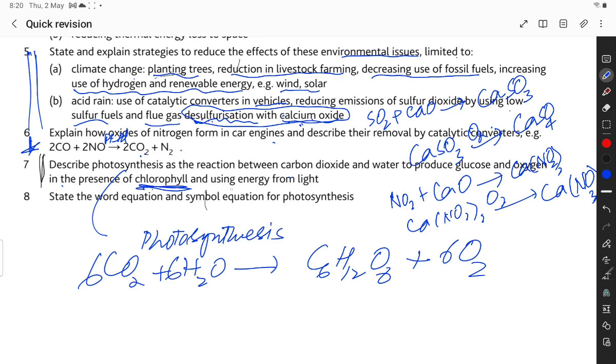This is the condition, using energy from the sunlight, in the green parts of plants. Chlorophyll is the green coloring pigment, and in the presence of sunlight, carbon dioxide reacts with water to form glucose and oxygen.